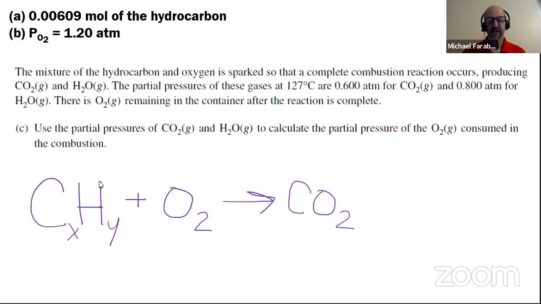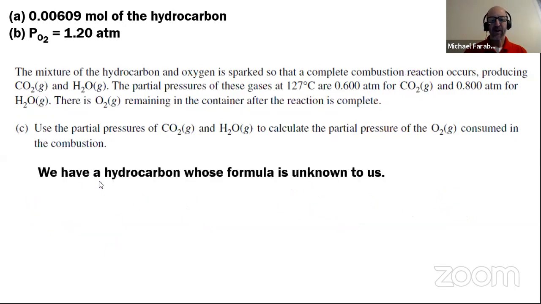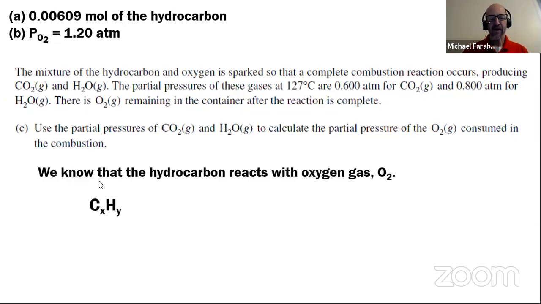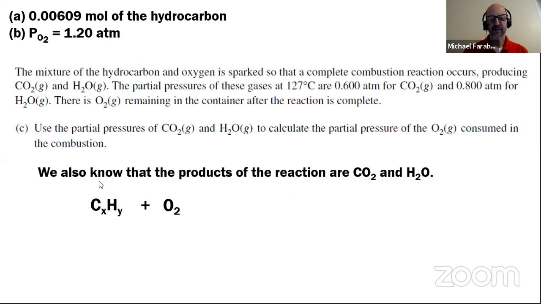And all of the hydrogen that was in this hydrocarbon, where the subscripts right now are just X and Y, because I don't know what those numbers are yet, is now converted into water vapor. And so we have access to information about how much carbon dioxide and water was produced in terms of partial pressures. So we are given that we have a hydrocarbon, it reacted with oxygen, and it produces CO2 and H2O.